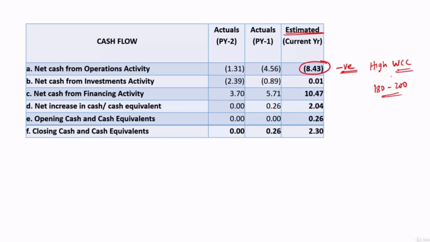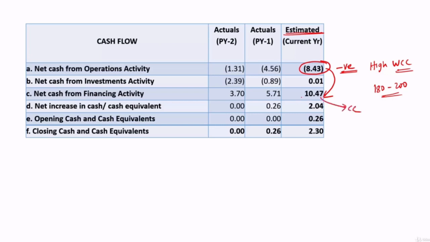They have to substantially invest in inventory and debtors. So they may be making a good amount of sales, but a substantial portion of that will be locked in the debtors, and because of that reason they will have negative cash flows under operations, which will get funded under financing activity in the form of a CC.